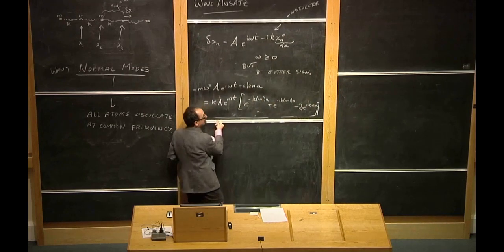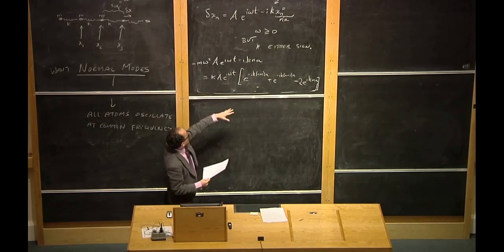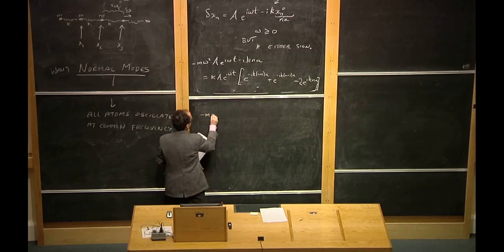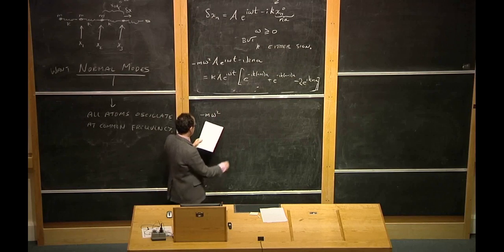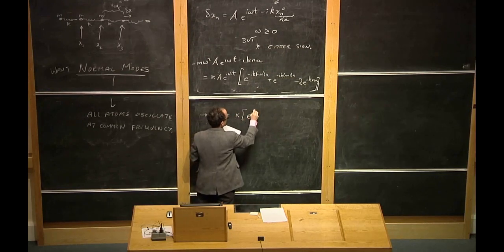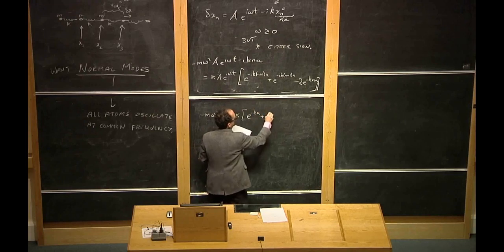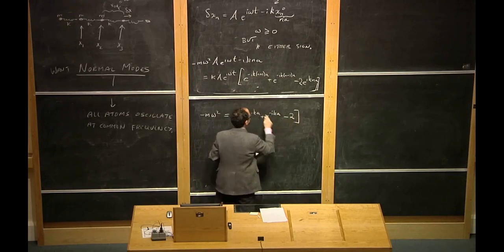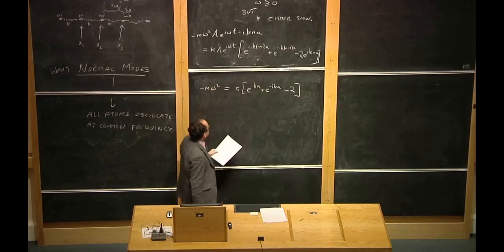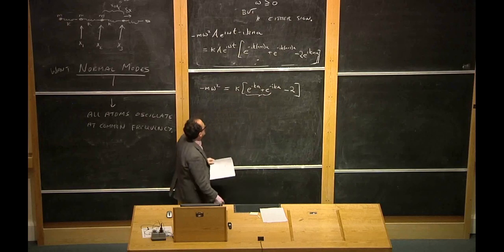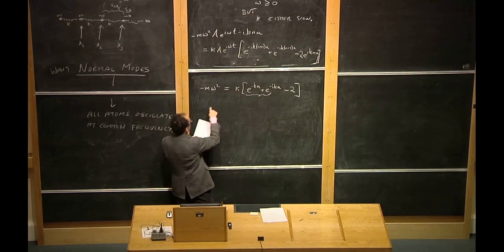Good? Now we can cancel out a whole bunch of things from this equation to simplify our life. So we get minus m omega squared equals kappa times e to the i k a plus e to the minus i k a minus 2. Then we can use a trig identity that this thing is actually 2 times a cosine. And I'll move the m to the other side as well.